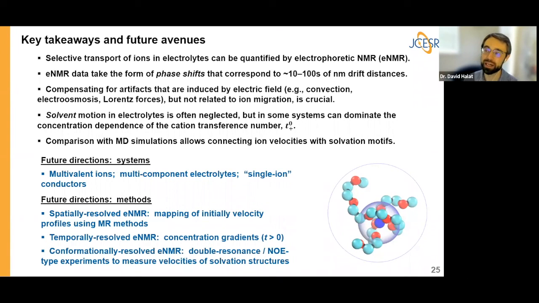Part of the problem is that we expect a lot of those clusters to form in the very concentrated regime. And when you go to these very, very concentrated systems, you start running into problems because everything is moving very slowly. You have a lot of signal, which is great, and the conductivity might be decent, but because you have so many charge carriers, proportionally each charge carrier is moving relatively slowly.